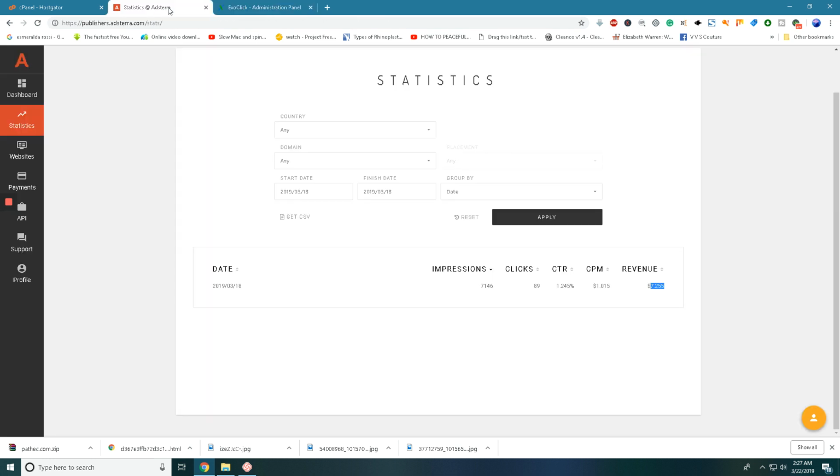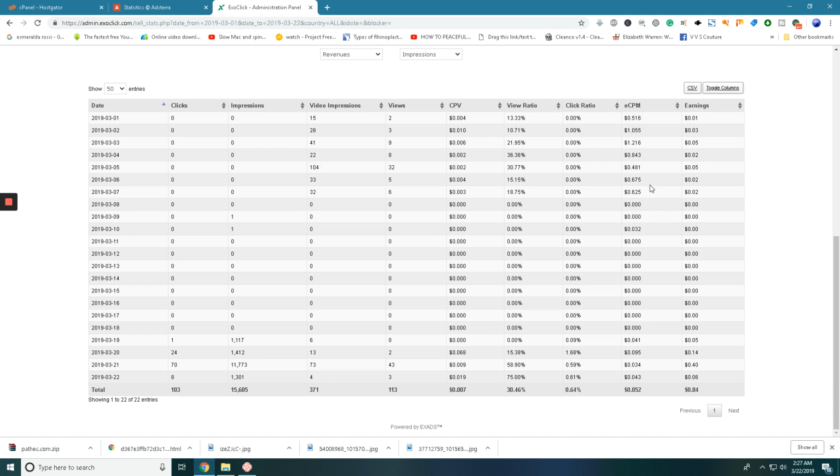Adsterra pays bi-weekly, and they hold a month, so it's a month behind. But at the end of the day, I'd rather have more of my own money than be getting ripped off. I'm not saying that they rip you off, and because I'm a noob, but I just see it. Numbers don't lie. If I'm getting 11,773 impressions, I damn sure shouldn't have 40 cents on that.